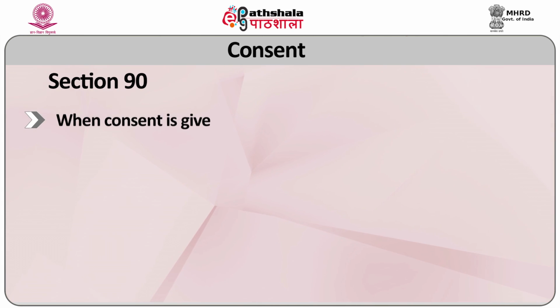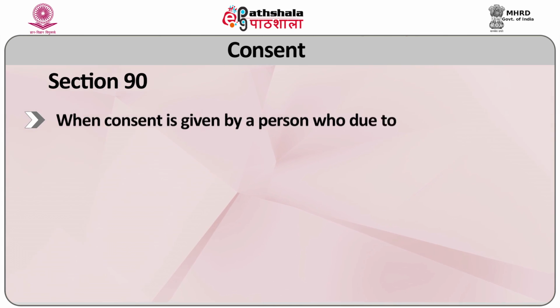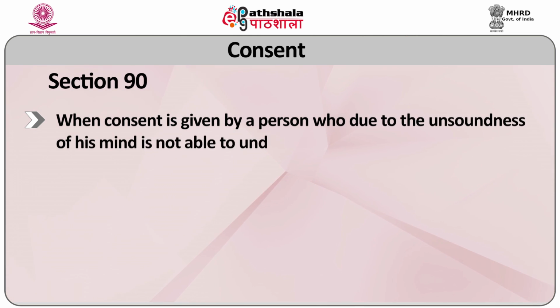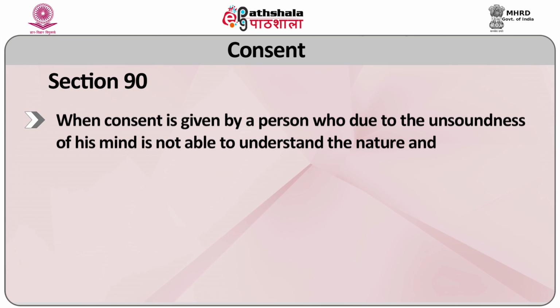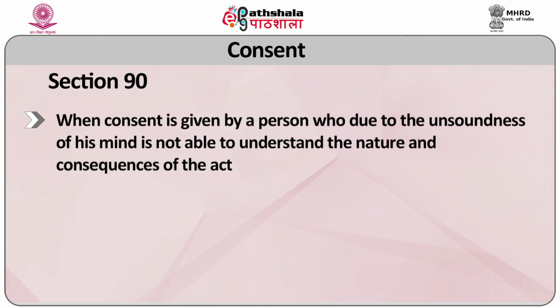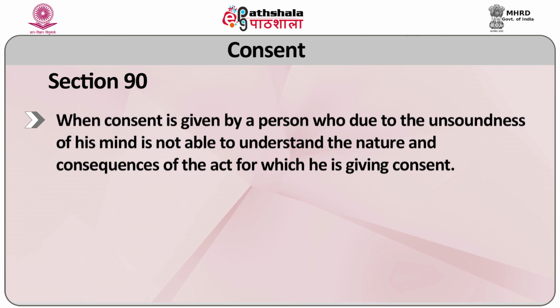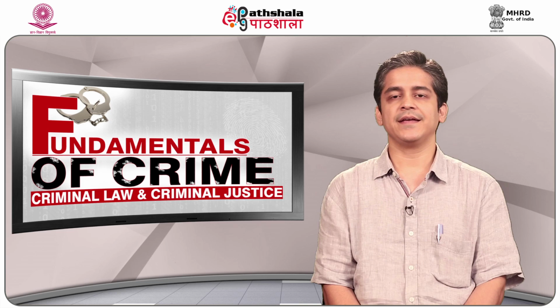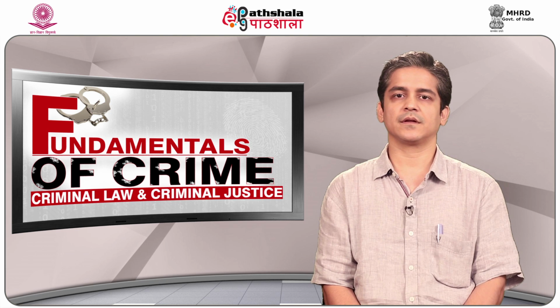When consent is given by a person who, due to the unsoundness of his mind, is not able to understand the nature and consequence of the act for which he is giving consent. When the consent is given by a person who is under 12 years of age. Let us look at an example to understand this particular exception in a better manner.